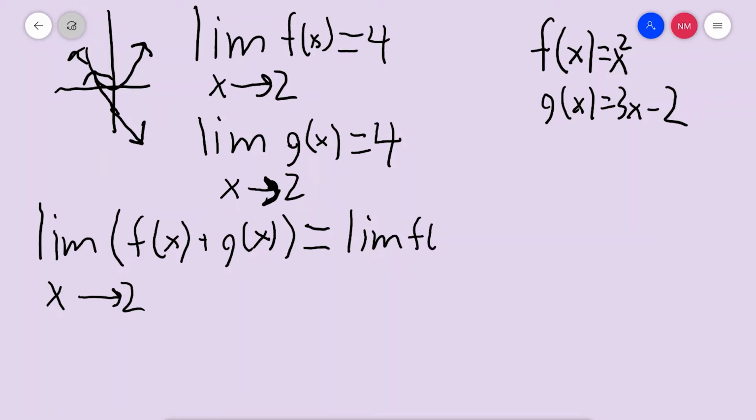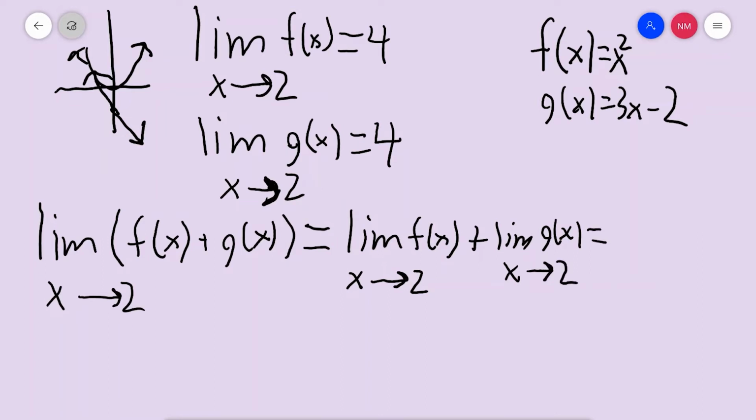So I would find the limit of f of x as x approaches 2. And I would add that to the limit of g of x as x approaches 2. So that would just be 4 plus 4, since we found the limits earlier. And the answer would be 8.